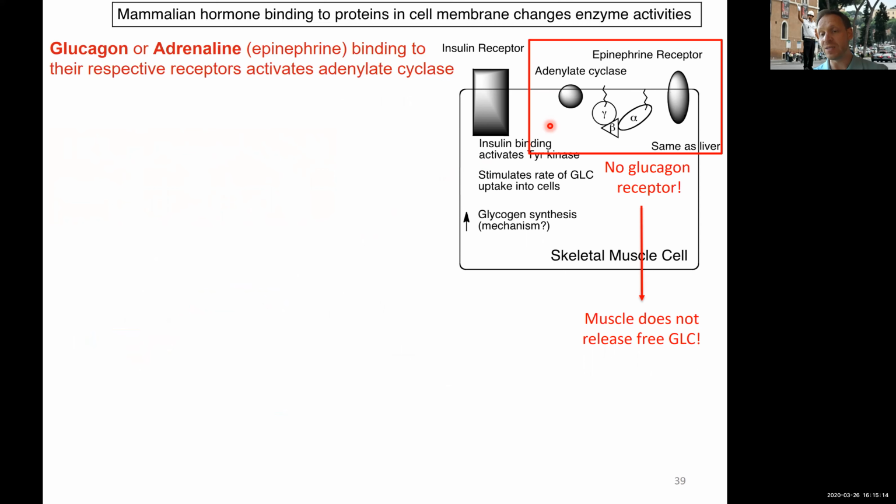But it makes sense that it doesn't have glucagon receptors. Again, the muscle is not useful for us to generate free glucose. It is not releasing free glucose. That's the job of the liver. So the glucagon receptor, which is our low glucose, low energy receptor, is triggering release of free glucose to your system. The muscle doesn't do that, so there's no point of having a receptor in the muscle.